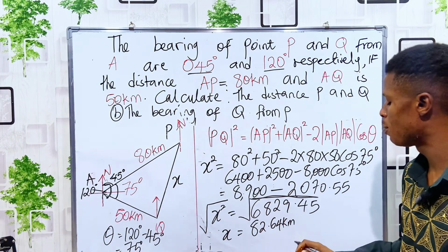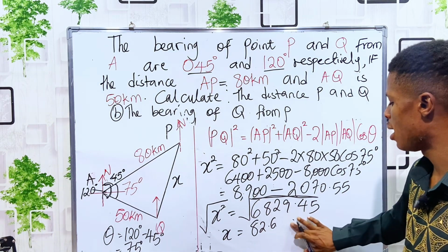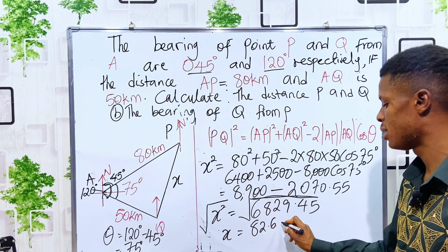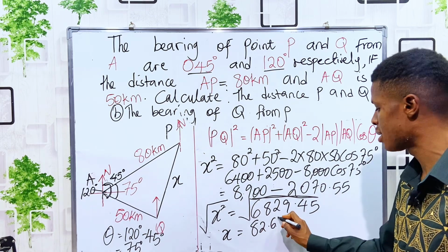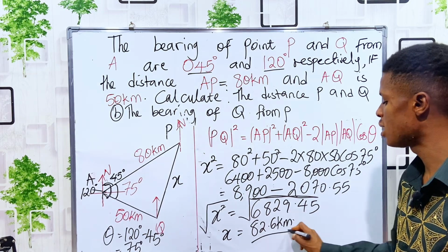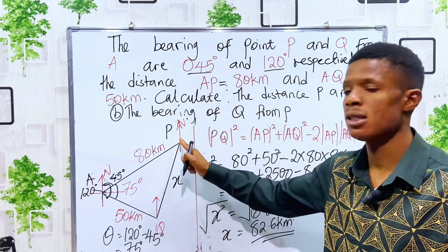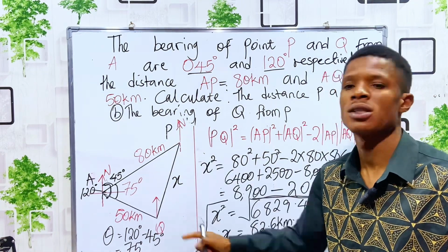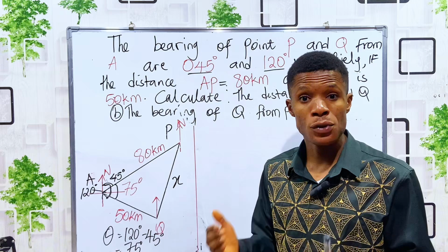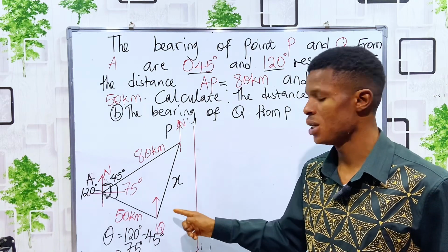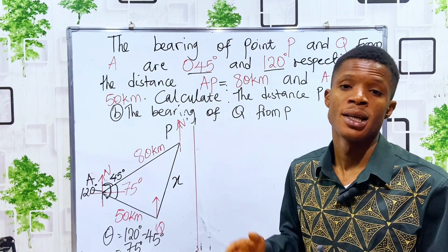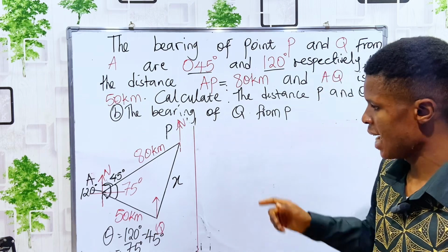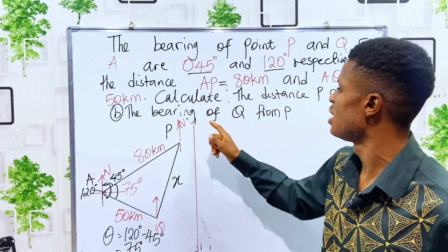In two decimal places, we can use 82.6 kilometers. So this is the distance between P and Q.